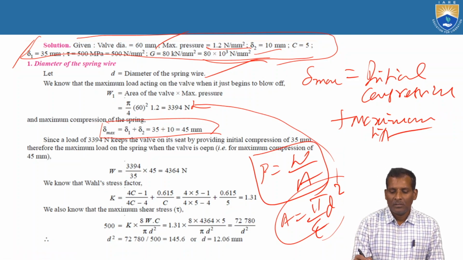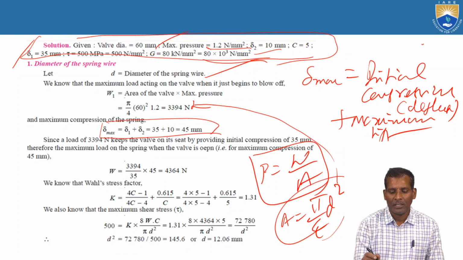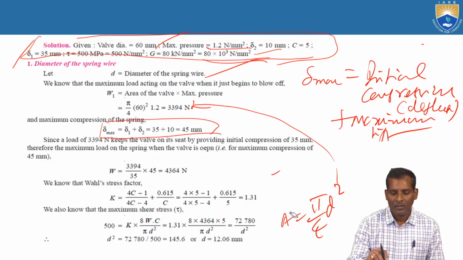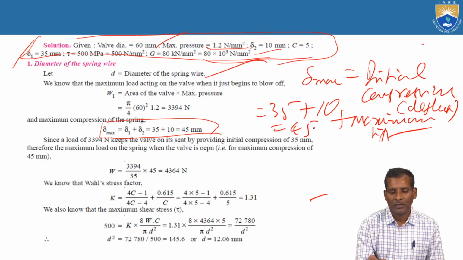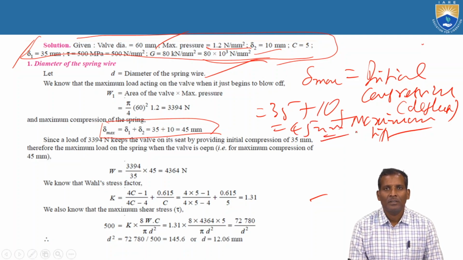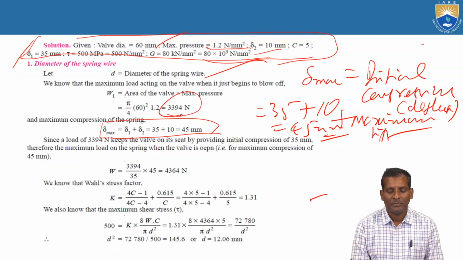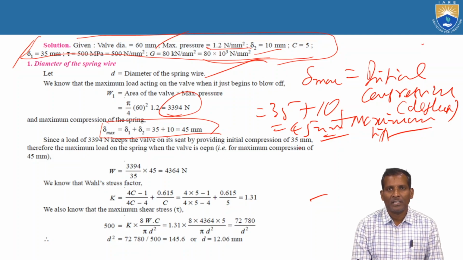Delta 1 is 35 and the maximum lift is 10, so the total is 45 mm. The load is 3394 newtons, and this load is set by providing an initial compression of 35 mm.